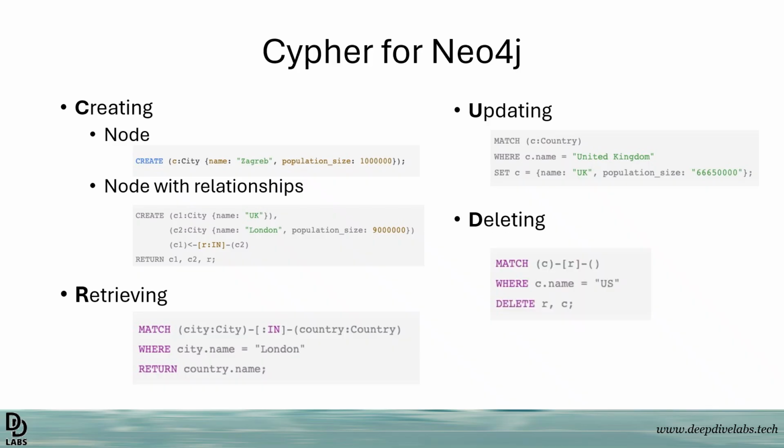And then finally, you can also delete your node along with the relationship. So here you see some of the Cypher queries. One of the key things that a lot of NoSQL databases have borrowed from SQL databases is the SQL-like query. So you can understand essentially what is happening here.